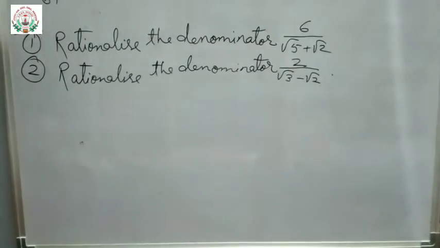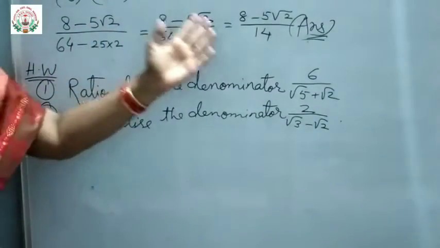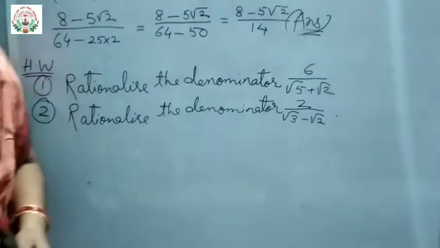Now the next question is again in the form of a and b, like we have done. We will see one more question so that it will be easy for you to understand. Okay, let us deal with a new question.